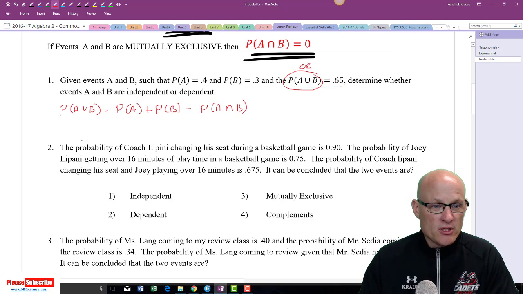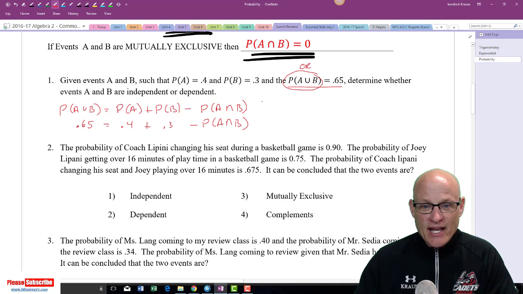So this is 0.65 is equal to the probability of A, 0.4, plus the probability of B, 0.3, minus this thing, which I don't know what it is. If I solve this, I get negative 0.05 is equal to negative probability of A and B. All I did was bring the 0.4 over and the 0.3 over.